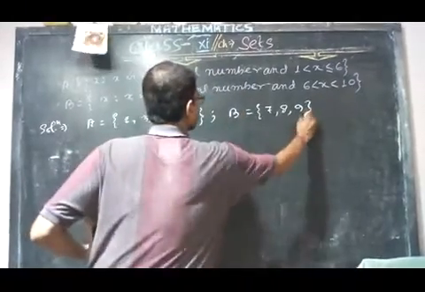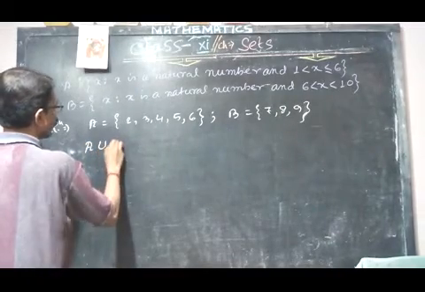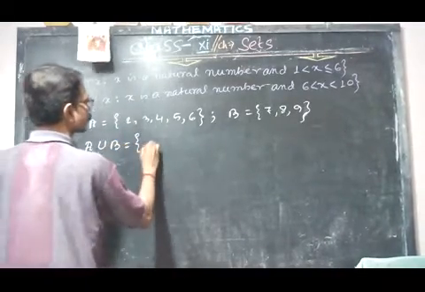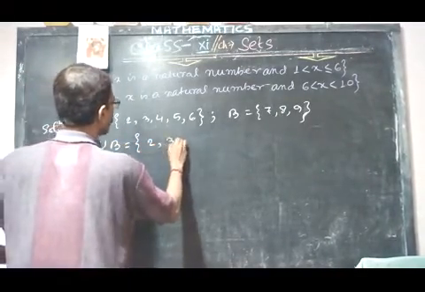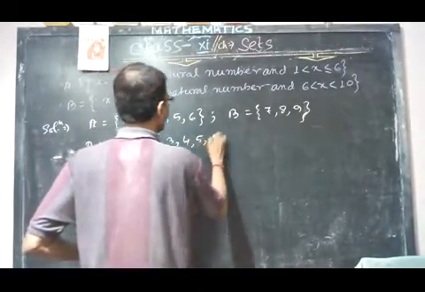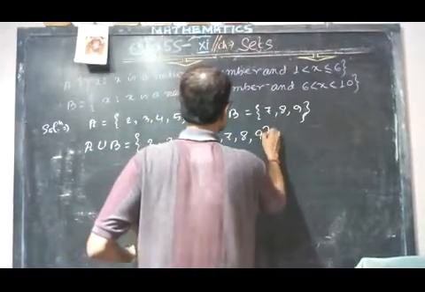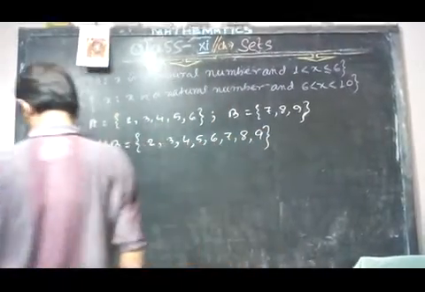Okay, so A union B equals 2, 3, 4, 5, 6, 7, 8, 9.